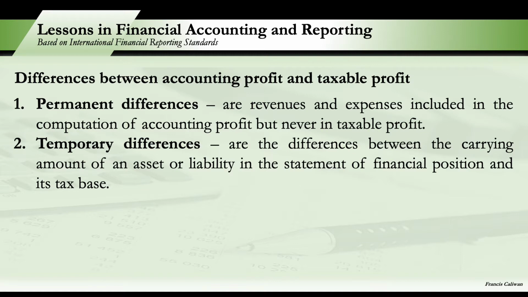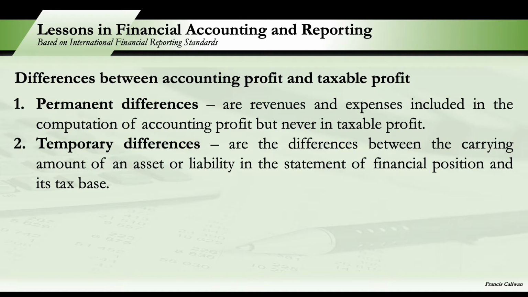These are items of revenues and expenses that are recorded for accounting purposes because they meet the recognition criteria in the conceptual framework and accounting standards, but they are never included in the computation of taxable profit because the revenue items are non-taxable or the expense items are non-deductible. Later, I will discuss what are non-taxable revenue and non-deductible expense.